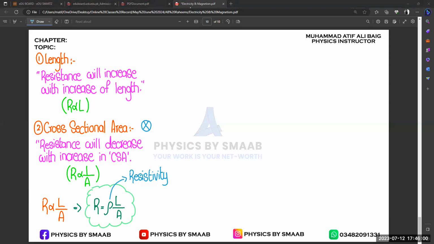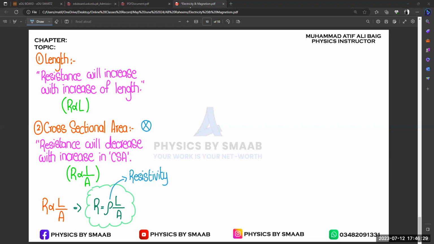Resistivity means that for a specific material, we use two words in our daily life: good conductor and bad conductor, right? Let's suppose we consider copper as the best conductor in our daily life, because although diamond is also a very good conductor compared to copper, normally we do not use diamond in daily life.